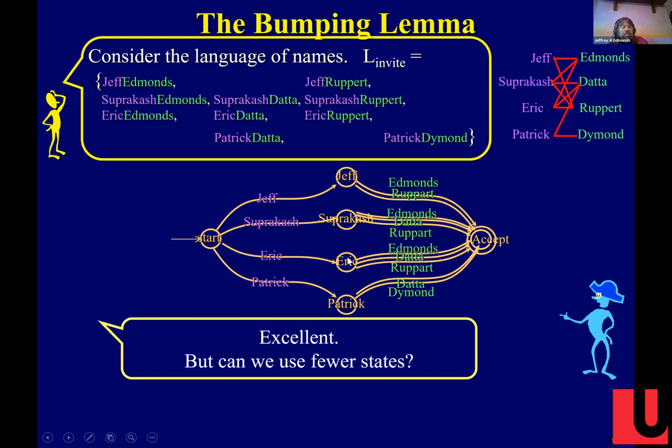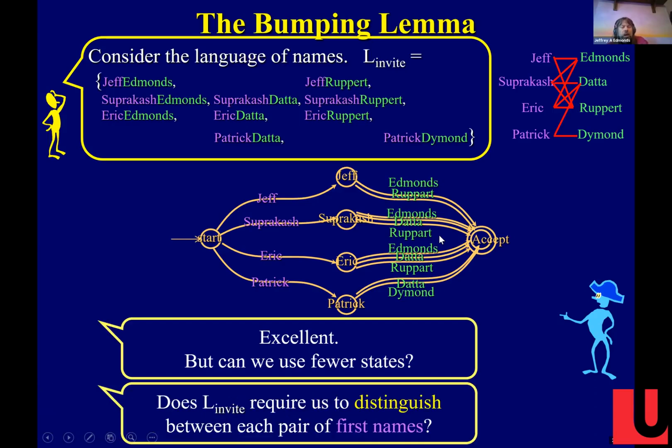But what about Supercash and Eric? Supercash, you say yes for Edmonds, Data, and Rupert. And Eric, you say yes for Edmonds, Data, and Rupert, right? So it doesn't matter. Their futures are the same, right?